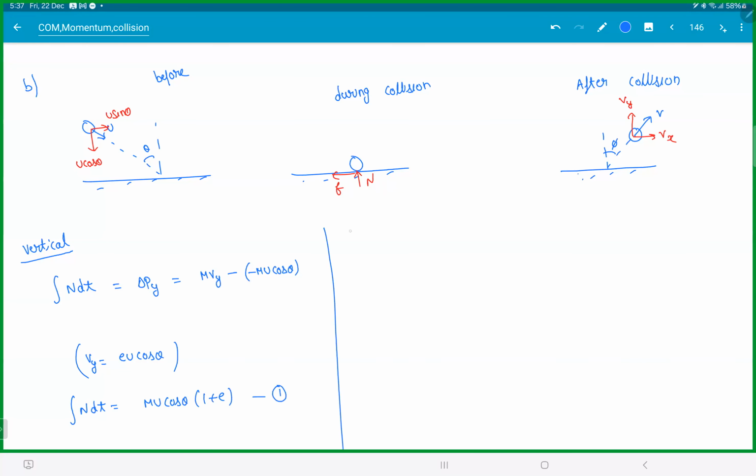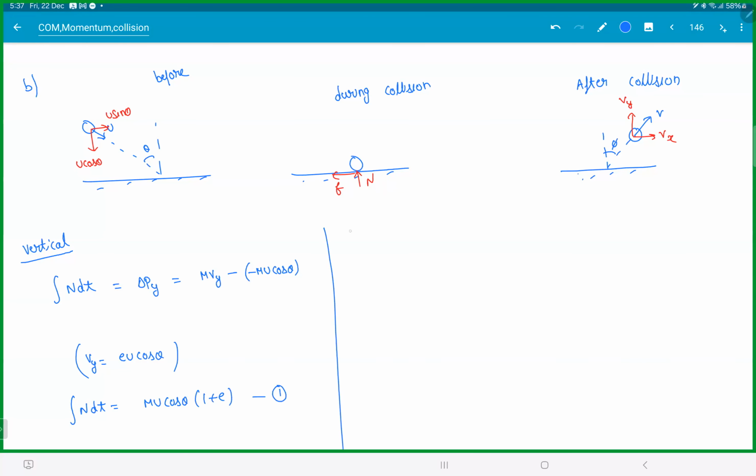So in the horizontal direction, minus friction dt, minus because it is on the left-hand side, is the change in momentum in the horizontal direction. This would be m Vx minus m u sin theta. This would be mu times integral N dt, which is m Vx minus m u sin theta.